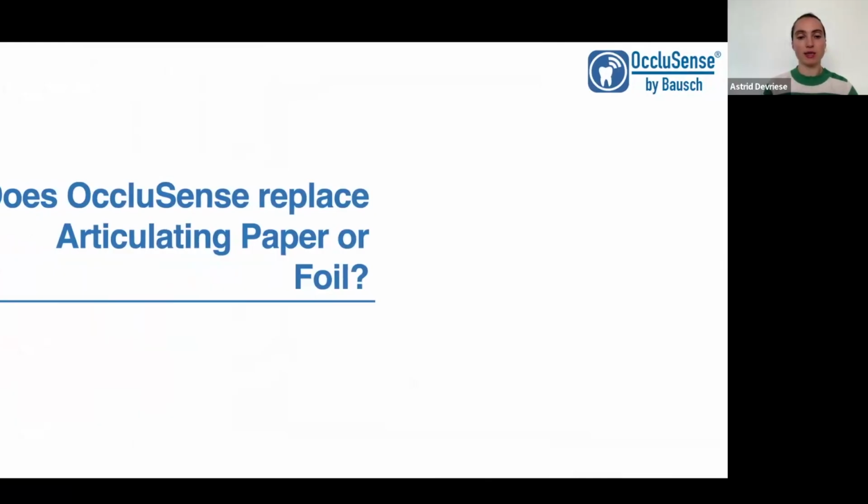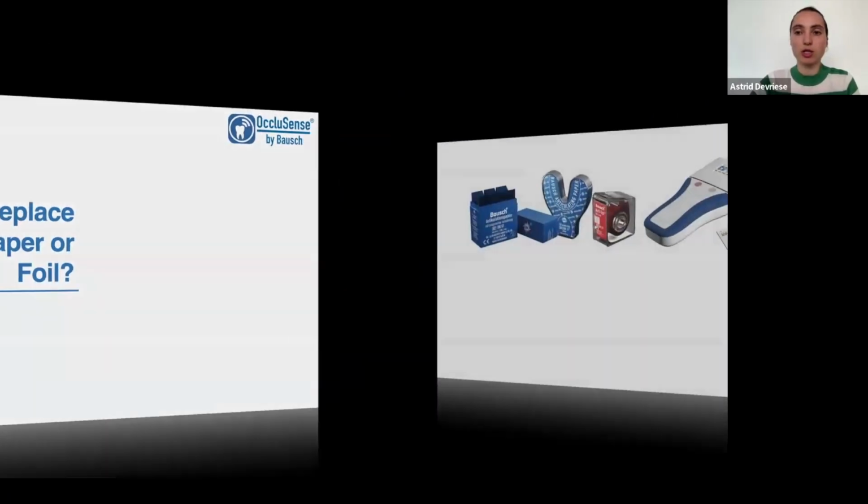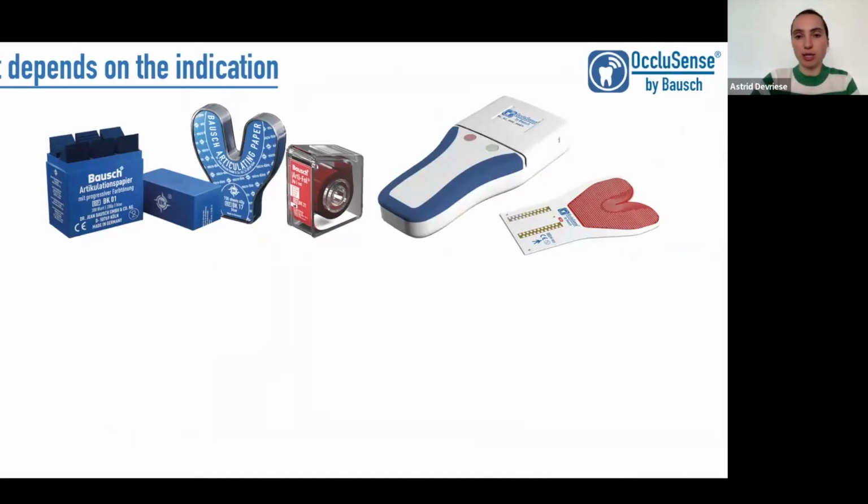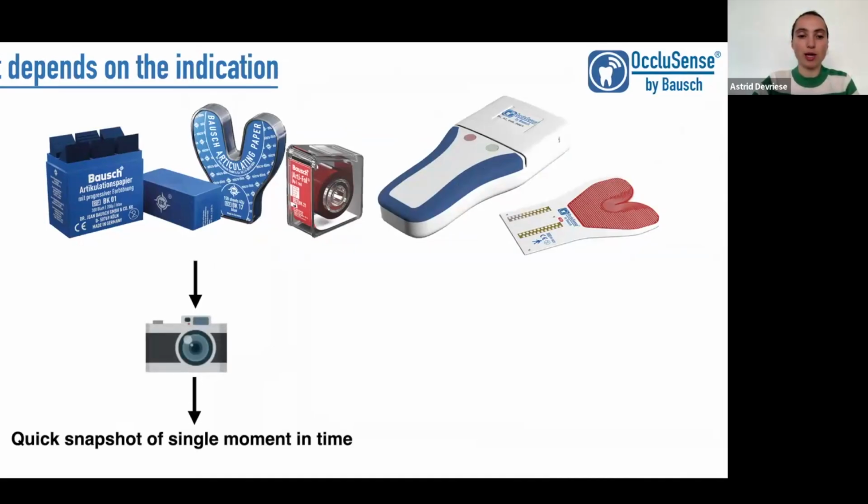And let me now end the presentation with the question whether OccluSense is really replacing articulation paper or articulation foil or not. From my point of view, it depends on the indication. I like to use the articulation paper if I want a single, quick view of the occlusal contacts and of the position.